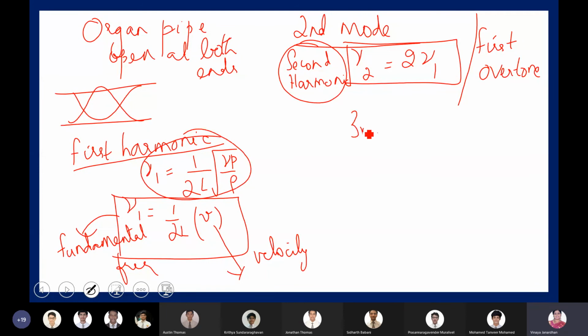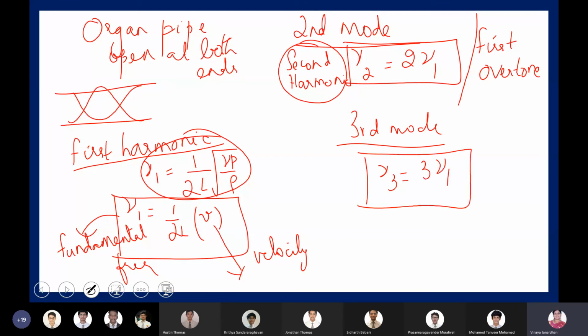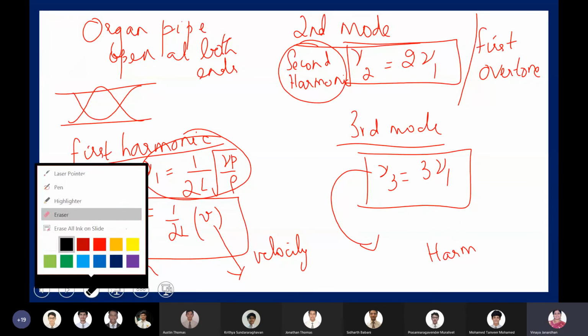Then the third mode of vibration, nu3, will be 3 times nu1. So this we call the third harmonic and second overtone.